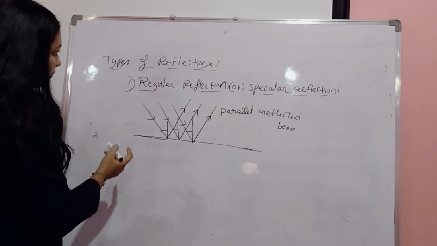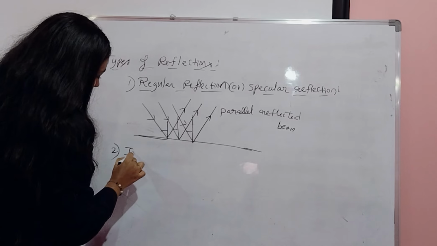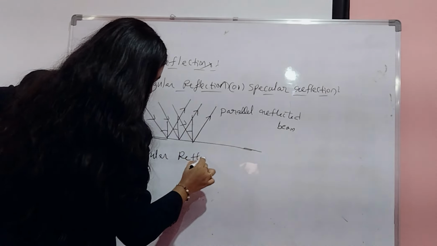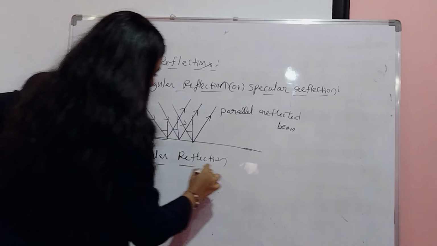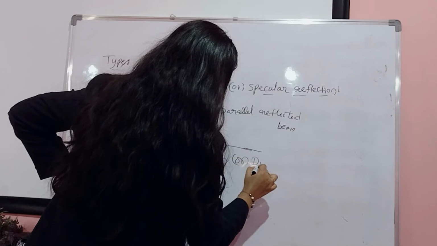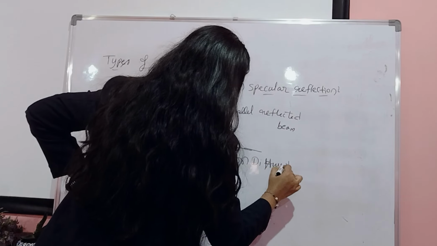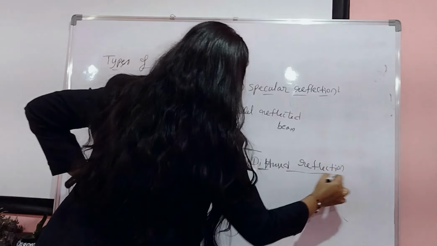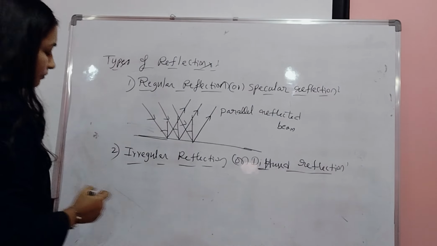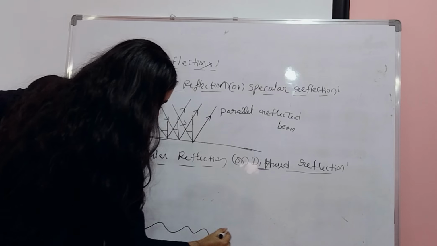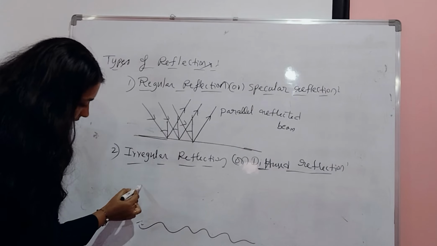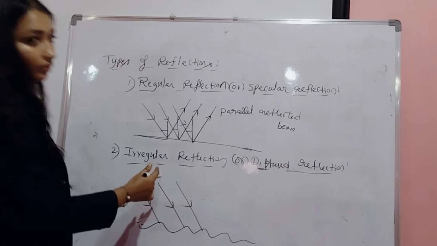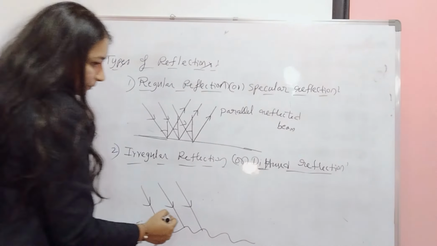And the second type of reflection is irregular reflection, also known as diffused reflection. In this reflection, the surface is rough. So I am incidenting again a parallel beam of light. See, all the incident rays are parallel to each other, right?